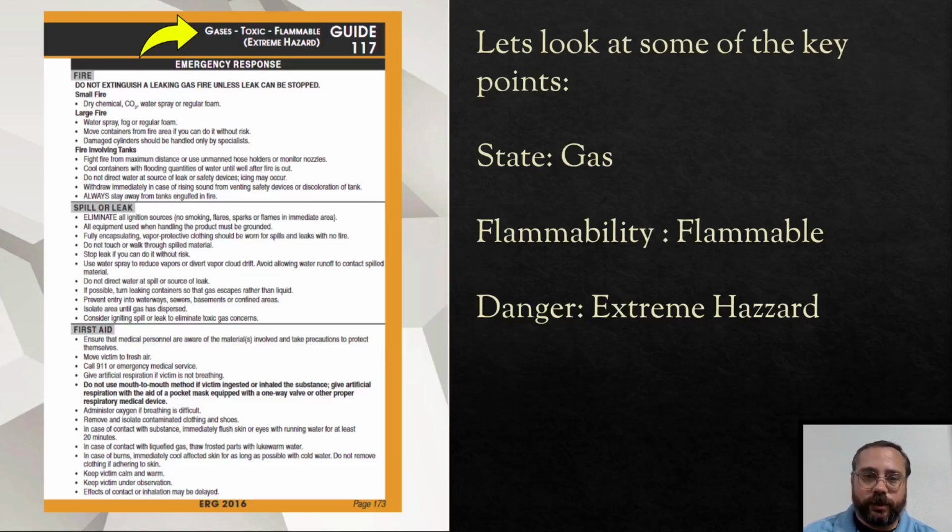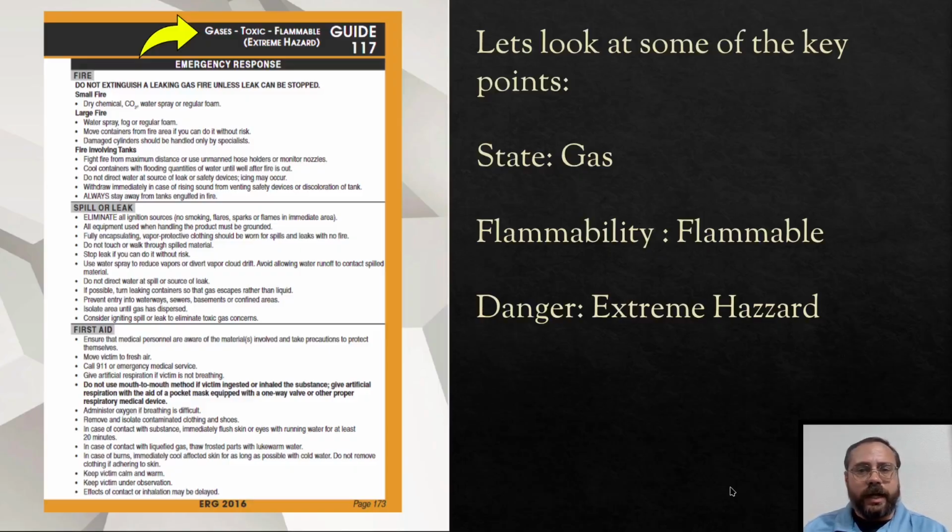Danger, it's extremely hazardous. That should automatically give you some reservations about this chemical. The fact that it has the extreme hazard designation should really give you some opportunity to take pause and realize that this isn't something we probably want to be messing with.